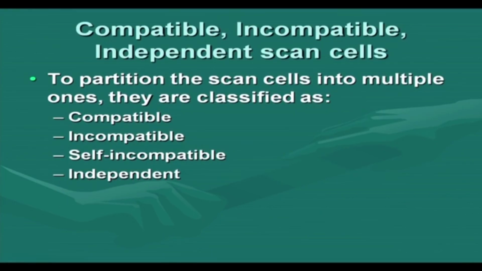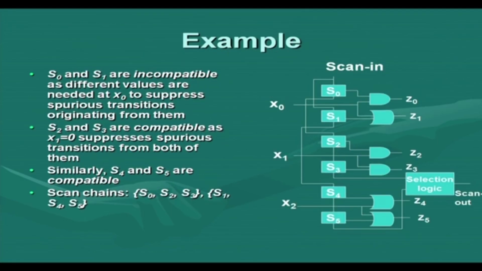Now, when we are doing this multiple scan chain formation, we need to partition the scan cells. For partitioning scan cells into multiple chains, we first classify them into compatible, incompatible, self incompatible and independent, these 4 classes. S0 and S1 are said to be incompatible as different values are needed at X0 to suppress spurious transitions originating from them.